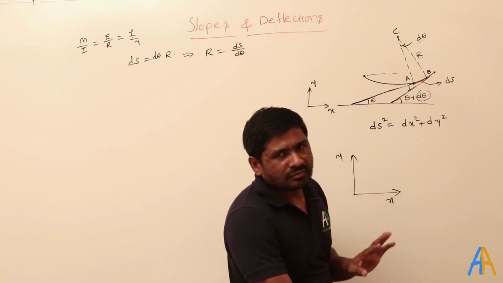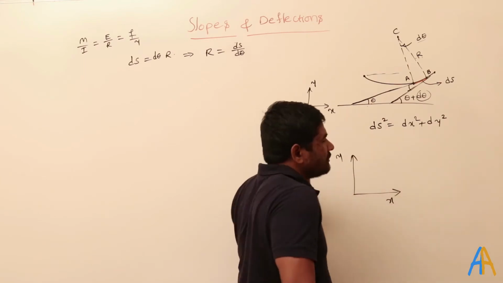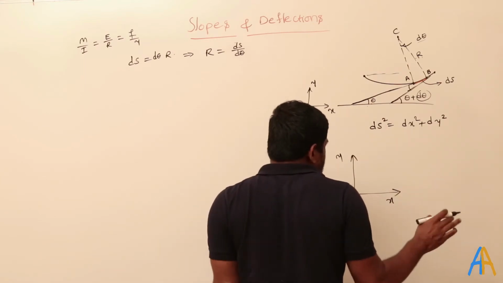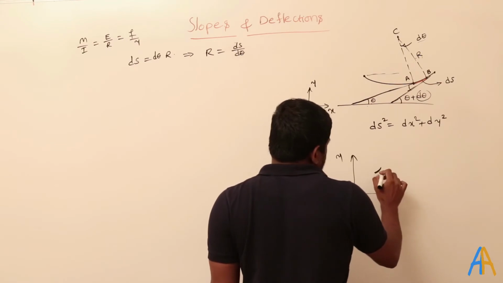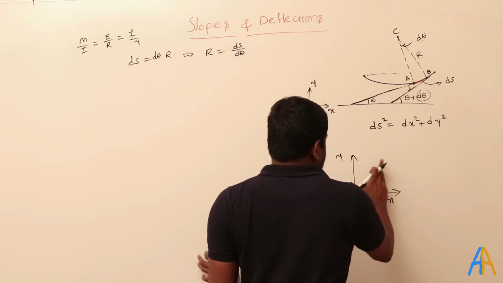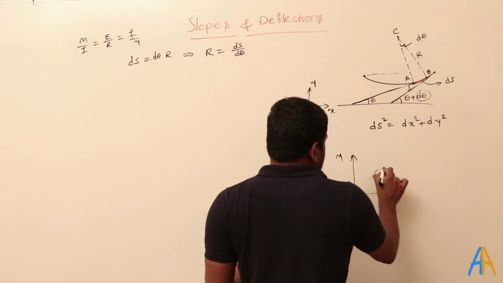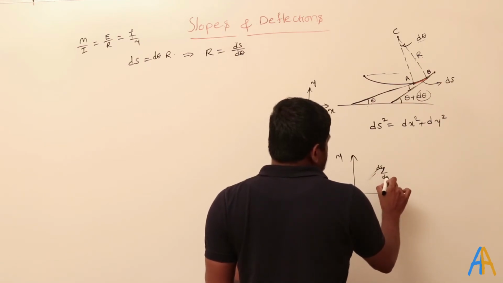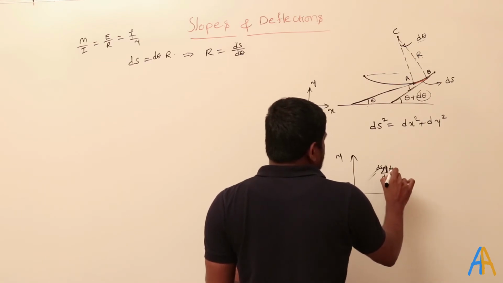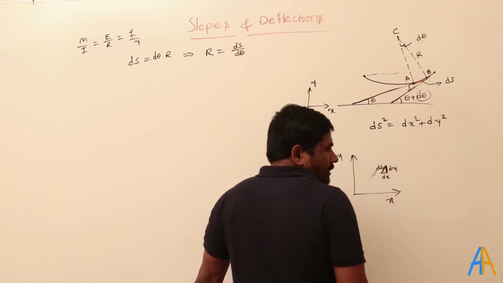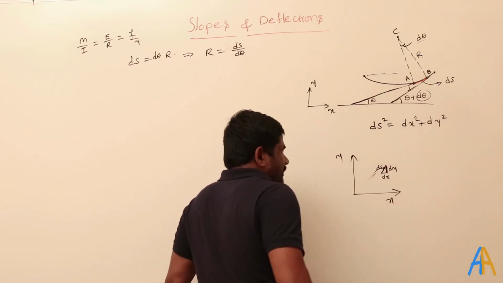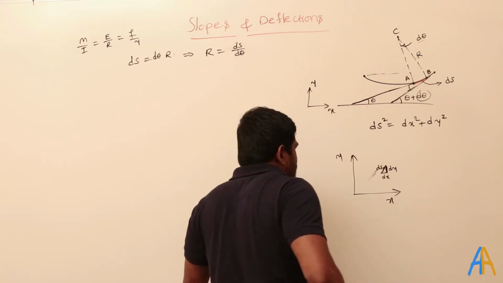For the GATE aspirants, you can simply skip this derivation and remember the final formula. Let's assume this is the ds, this is the dx, and this is the dy. If you approximate this, it is a right angle triangle, and ds square is equal to dx square plus dy square.